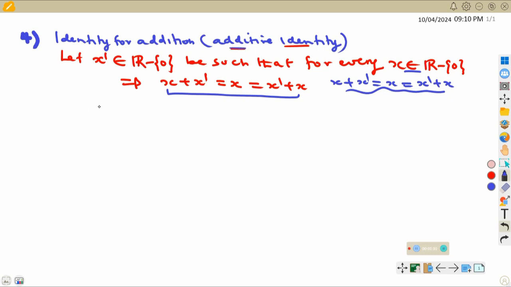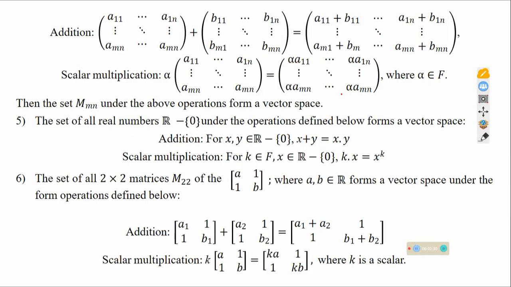So if we let x prime be an element within R minus 0 such that this is satisfied, then x plus x prime equals x. We know that by definition, when you are adding x plus another value picked from R minus 0, you should be multiplying the two.